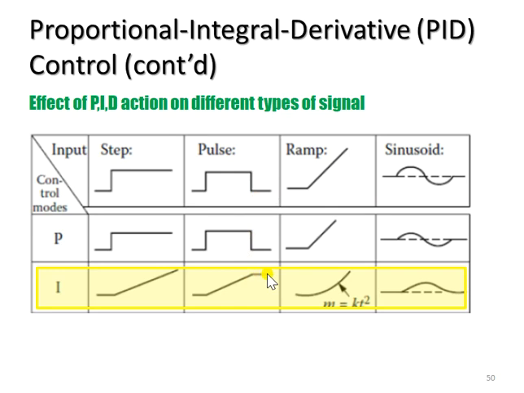Next, we look at the integral function due to the ramp input. So if we do the integration of ramp, we can see that we have a time squared function, or we can say it is a parabolic function.